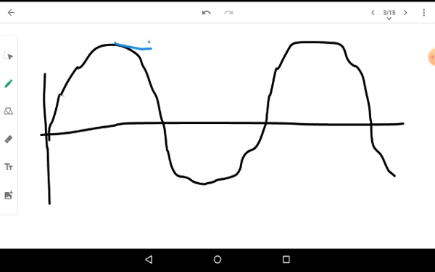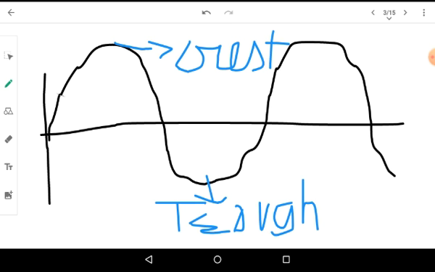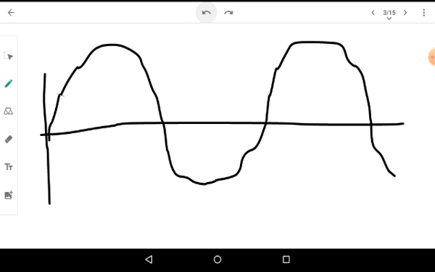These mountains are known as crests, and these valleys are known as troughs. Okay, so crest and trough. Now the distance between crests, we get it as wavelength, okay?